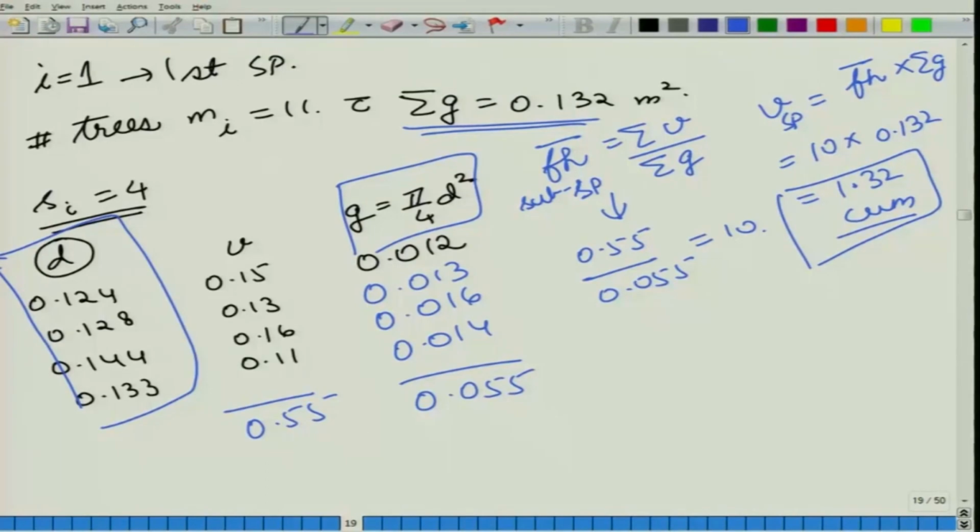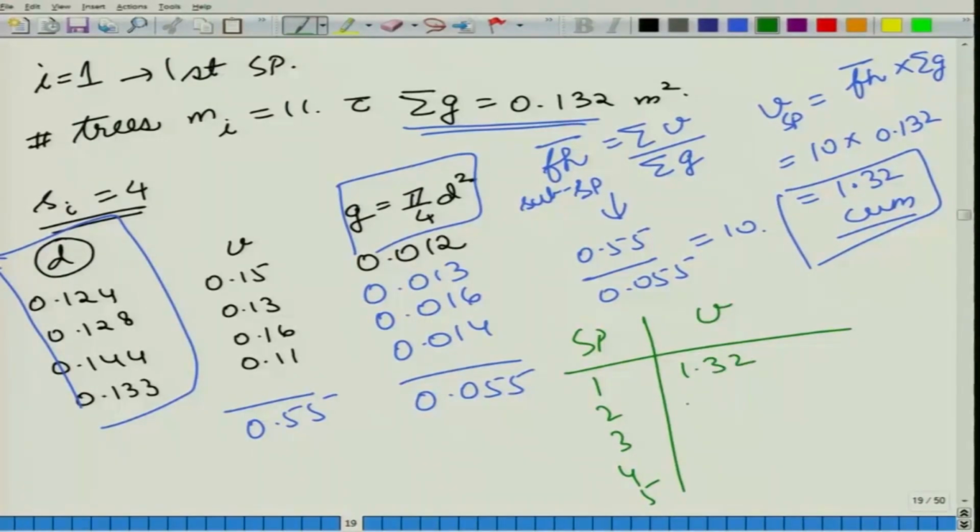Now, we can repeat this step for all the other sample plots as well. So, for the sample plots 1, 2, 3, 4 and 5, we got the volume values as 1.32, and for the other ones if we repeat the same thing, these are the values that we will get. What is the sum total of the volume in all the 5 sample plots combined?